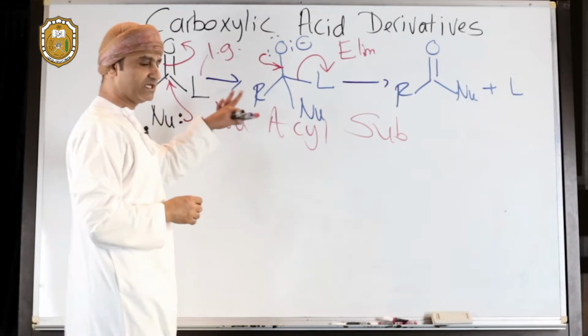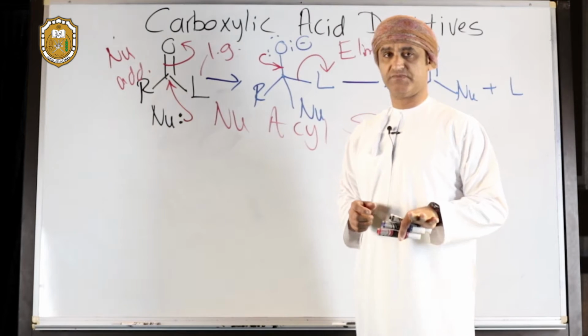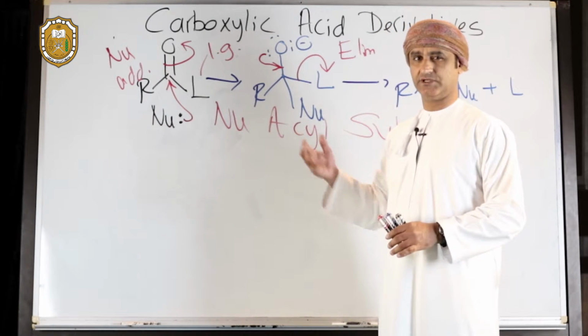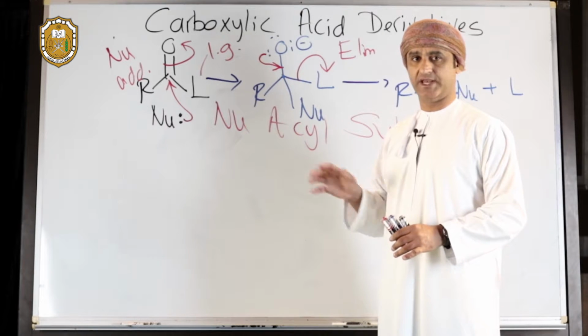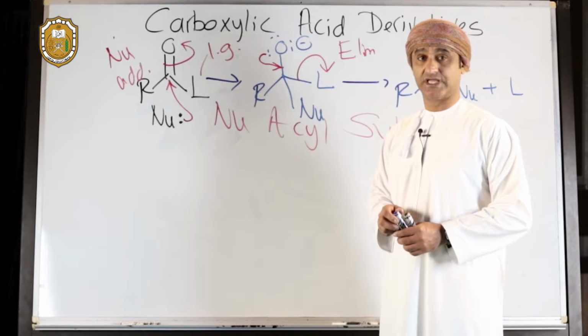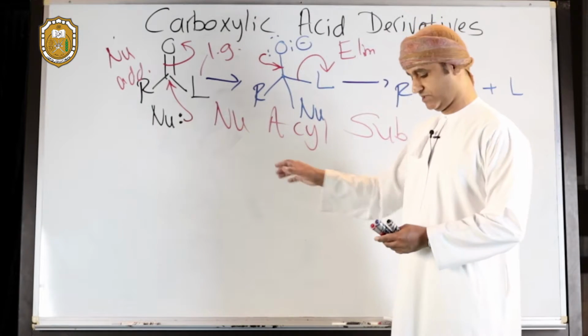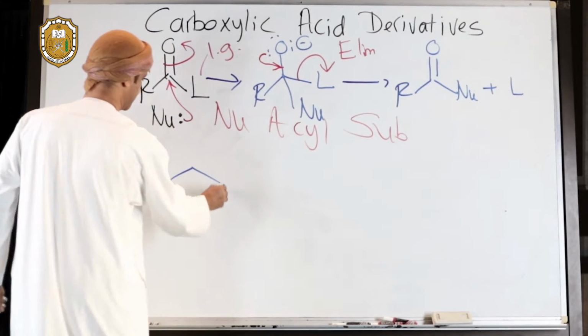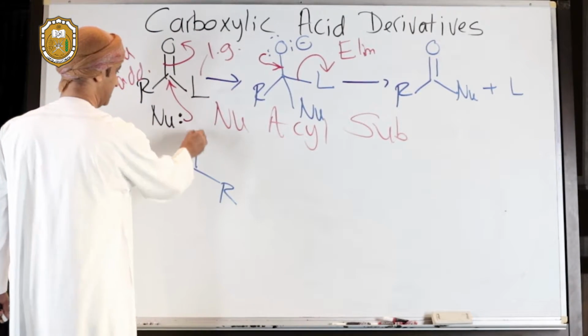Now, speaking of this reaction, it's worth reiterating the difference between nucleophilic acyl substitution reactions on one hand and the traditional nucleophilic addition reaction of aldehydes and ketones. Let's draw a general structure for ketones. Okay, this is the general structure for ketones.